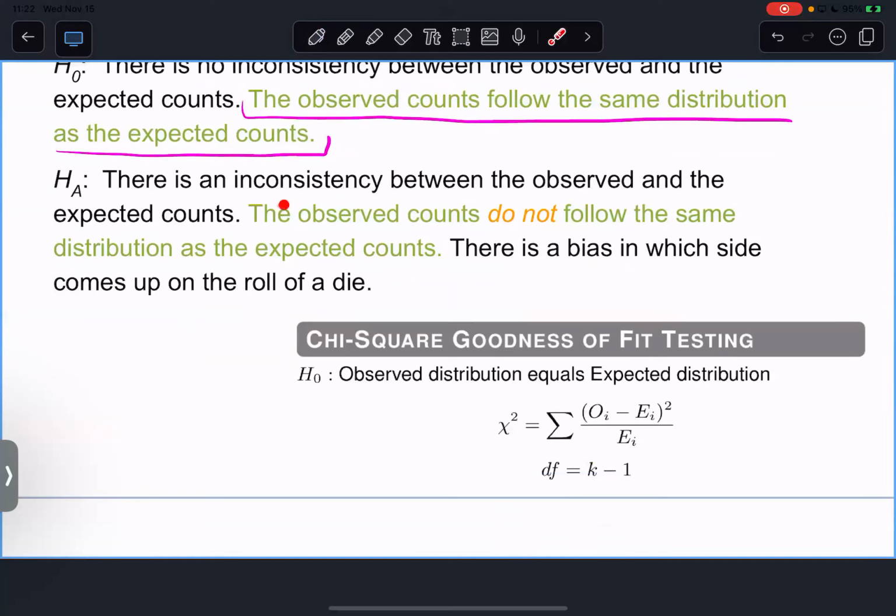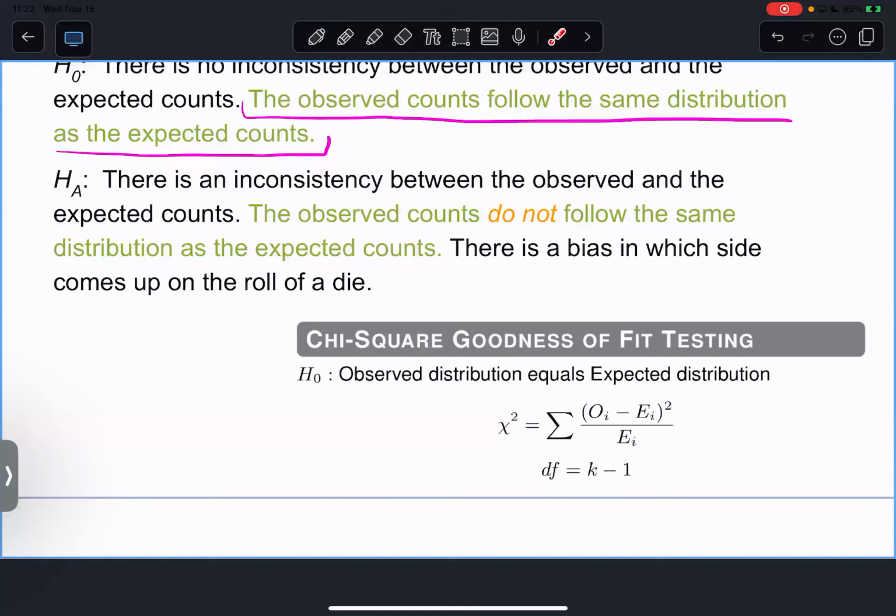If we want to know if there's an inconsistency, notice that we're not going to be talking about one-sided tests anymore. We're only going to be saying, okay, it either follows that distribution relatively well or it doesn't, right? We're not going to talk about anything else. Notice another thing, we're not going to do confidence intervals.